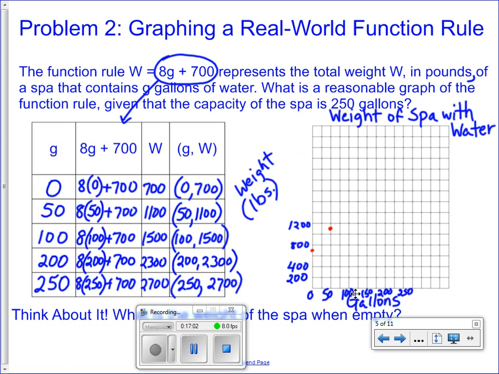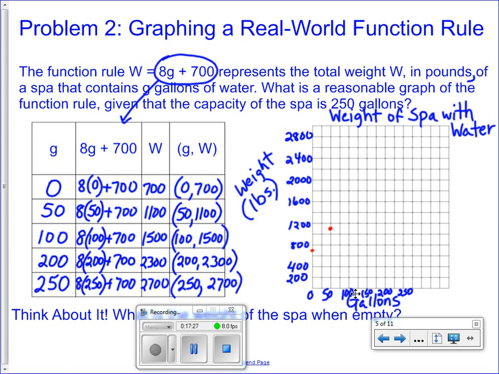Okay, let's see, going by 400s. This is 1,600, and then 2,000, and then 2,400, and then 2,800. Okay, that's better. All right, always make sure that you double check your intervals to make sure that they are evenly spaced number-wise.